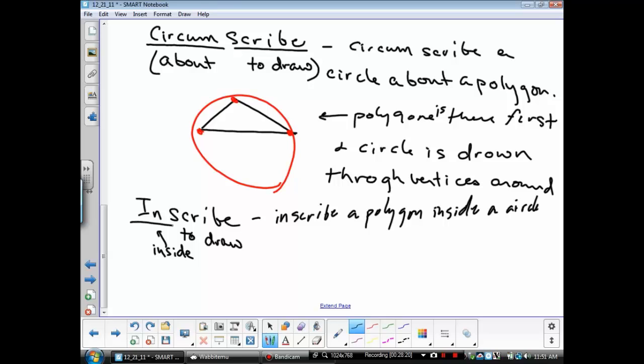Inscribe, the circle is there first. This is the last one. The circle is there first, and the polygon is drawn inside the circle.